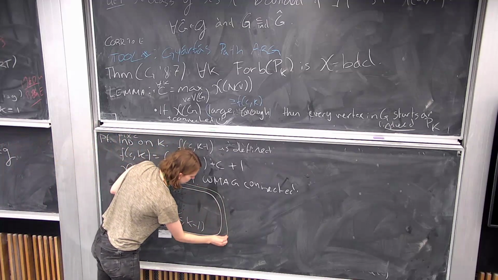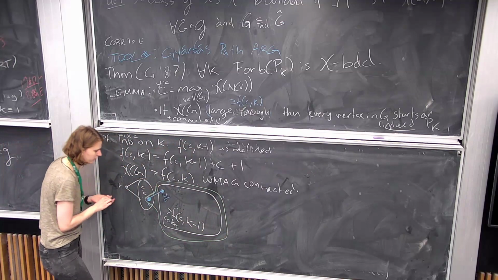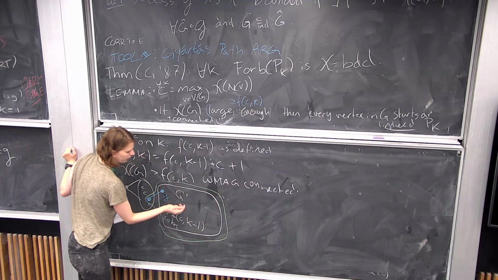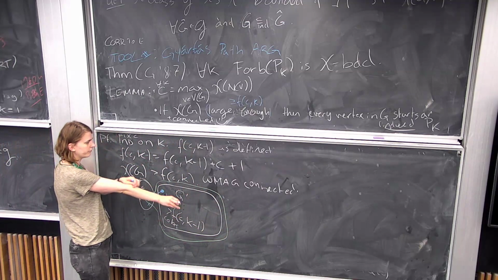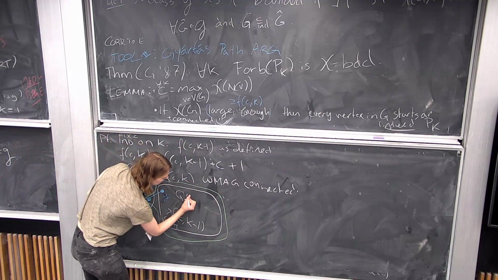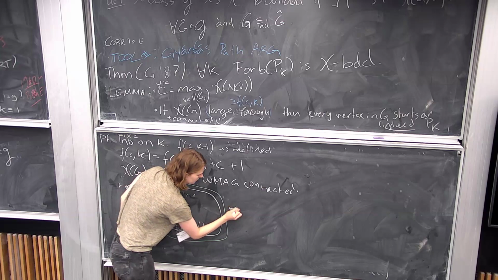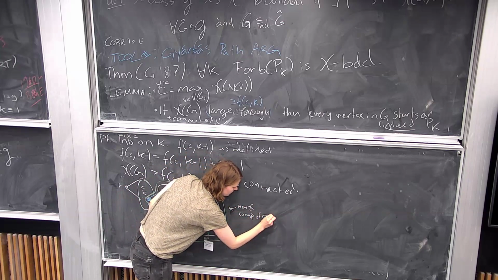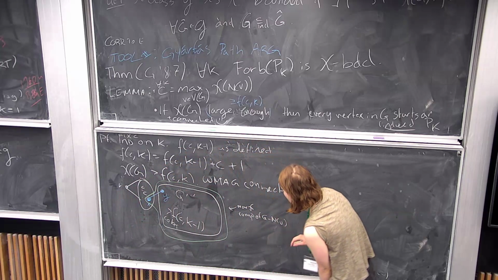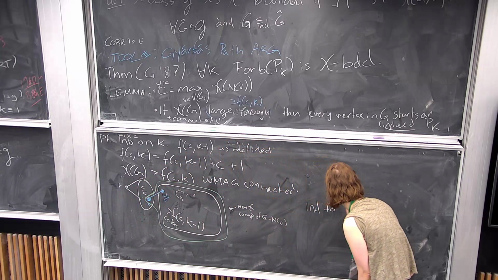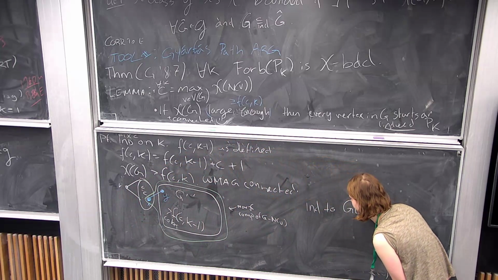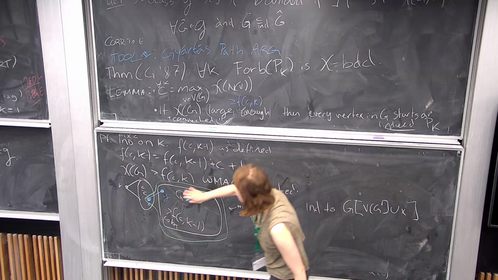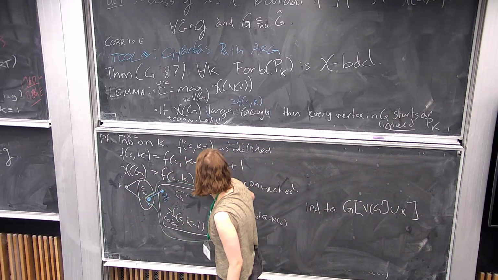And so now we're going to do induction on this graph. So I'm going to call this G prime, which was a maximum chromatic number component of G minus a neighbor V. So we apply induction to the graph induced by G prime union X. And that, since we only ever deleted at most C colors, is still going to have chromatic number at least this.